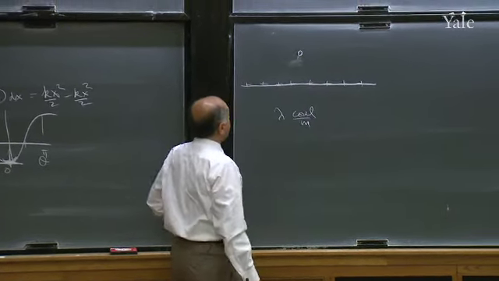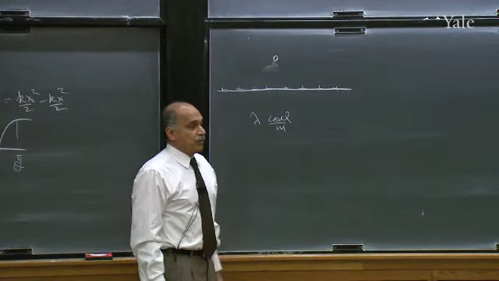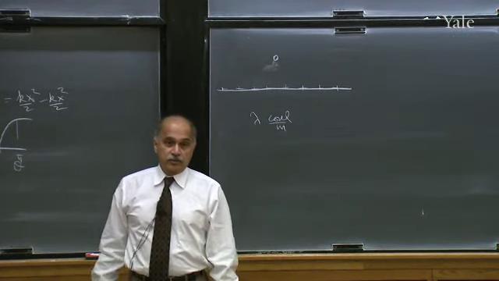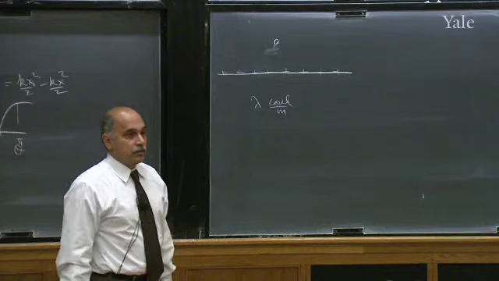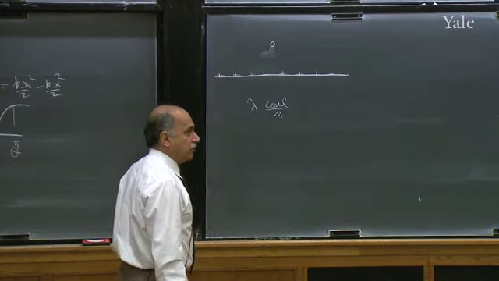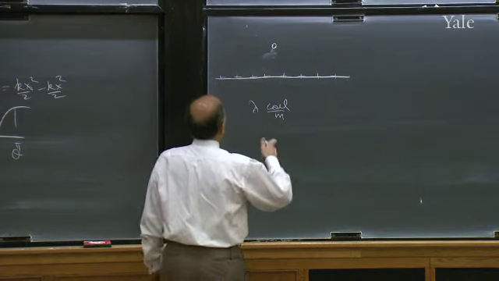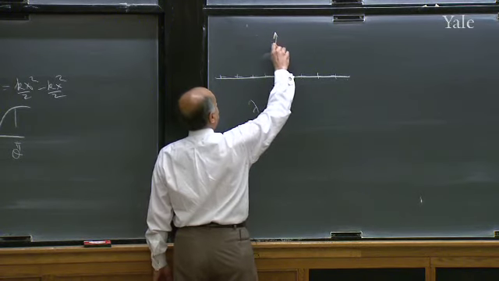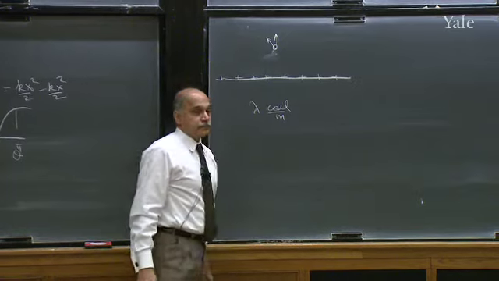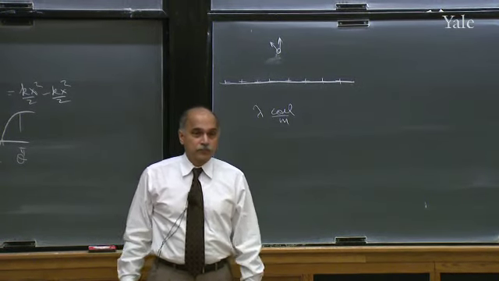Now, first of all, you've got to have an intuition on which way the electric field will point. Okay, you have a feeling? Yes, it'll point this way. Why not like that?